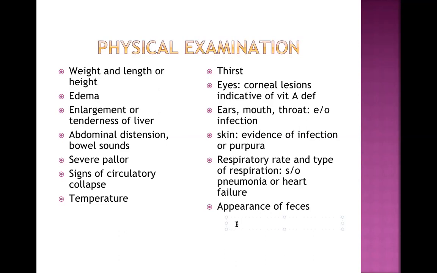So if there is mucus and blood in the stool, that means it is a type of dysentery. And sometimes even diarrhea can have that. This is called bloody diarrhea. Usually Campylobacter jejuni and Shigella dysentery are the bacteria which can cause this.